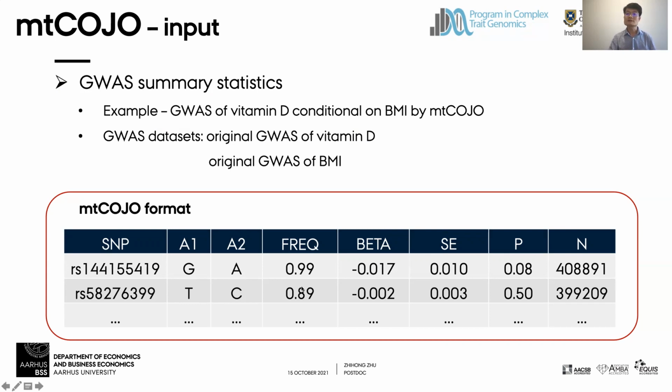The allele frequency is that of the effect allele A1. Likewise, the effect of SNP beta is that of the effect allele A1. So please double check the SNP ID, A1, A2, allele frequency, and beta before performing your MT-Kojo analysis.